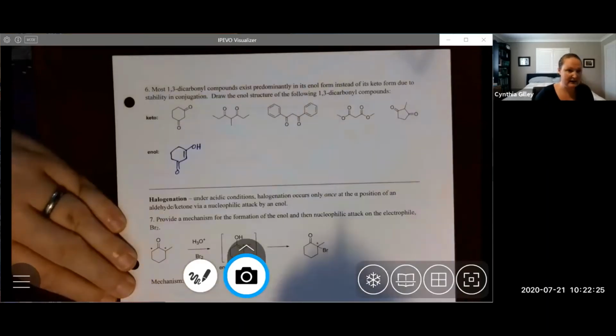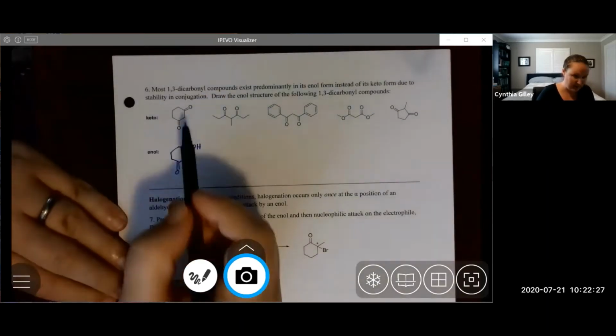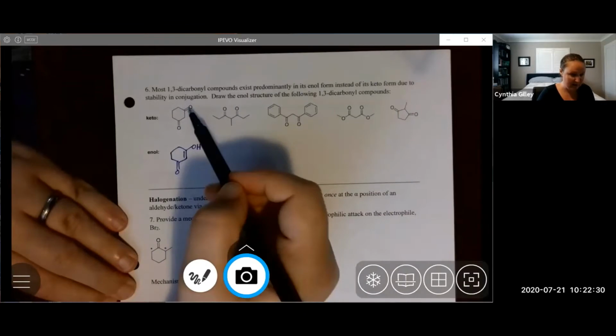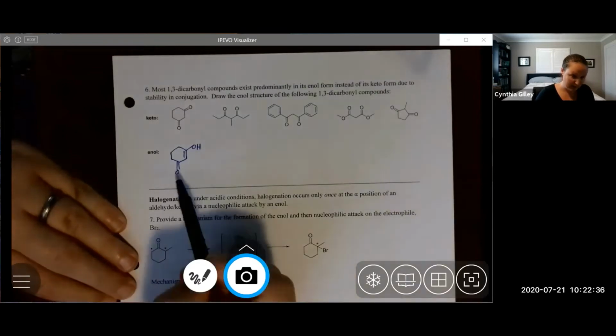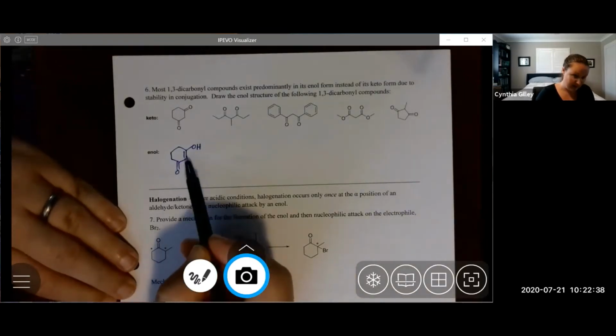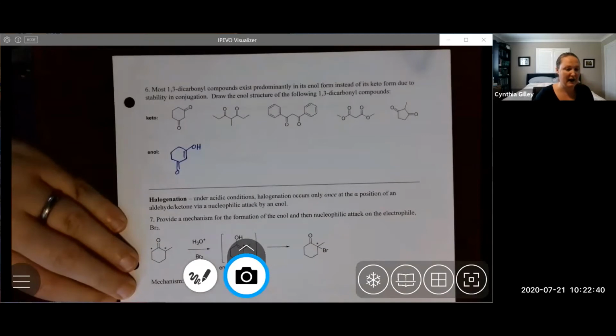In the keto form, this was an sp3 hybridized carbon, and the two carbonyl pi systems are not in conjugation with one another. But here we have a p orbital here, here, here, here, and here. So there's a 5-atom continuous p orbital system, or conjugation, which makes it more stable.